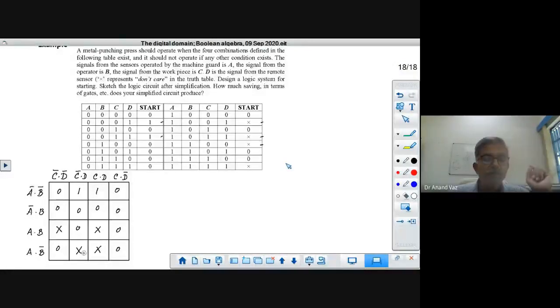Now we can use these don't care elements to our advantage if we include these also in our logic, because they result in the formation of a quad. These two and these two pairs, because they are touching each other, will form a quad, and a quad will result in the elimination of two Boolean variables.